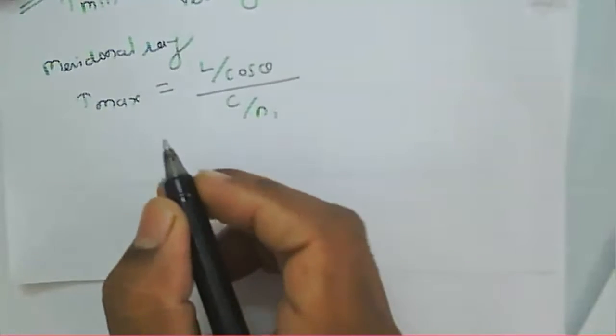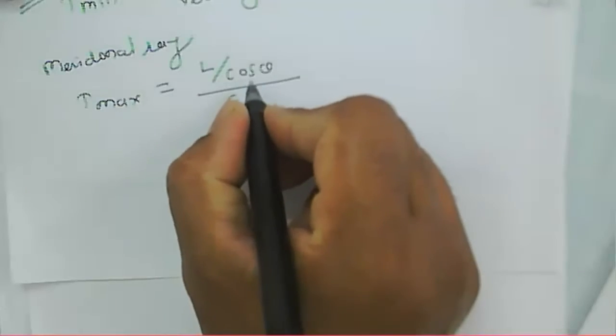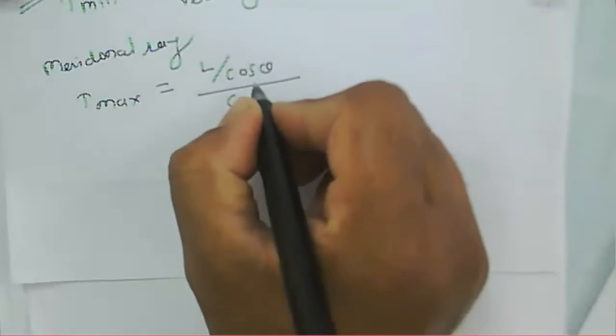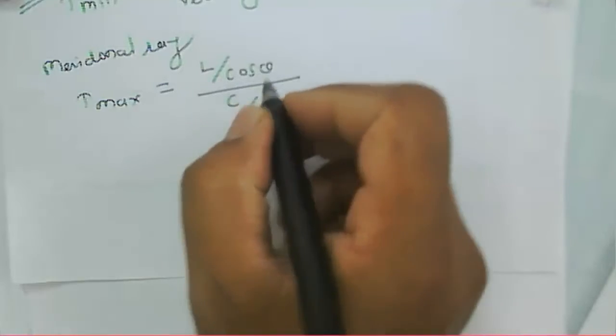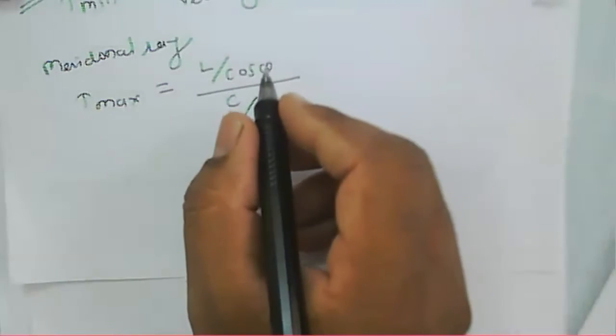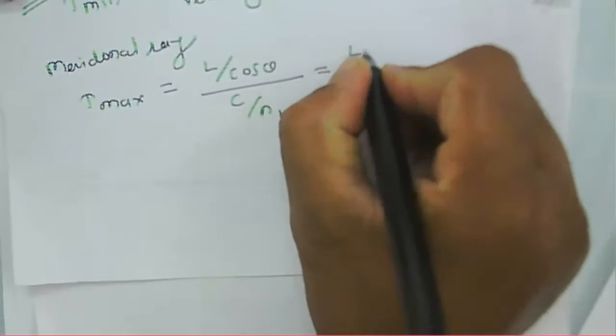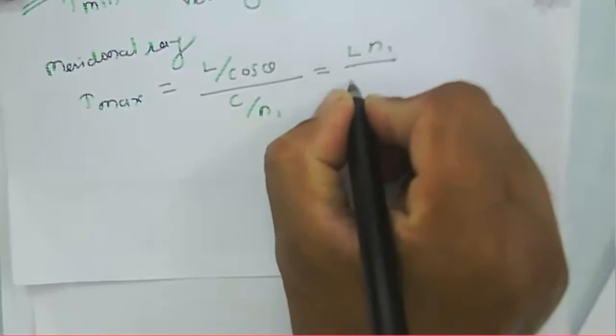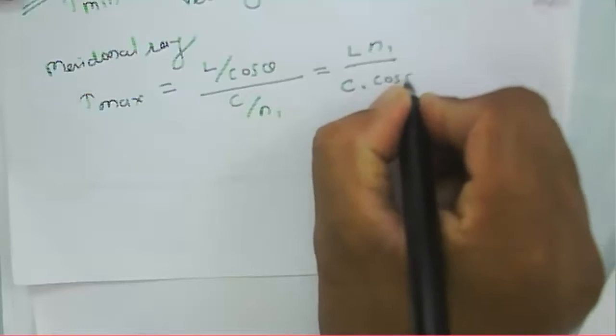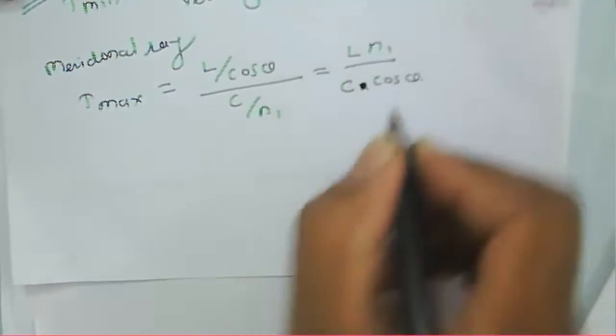Now T max is equal to what? That is the maximum time taken by the meridional ray to travel the length L. If you simplify it, that becomes L n1 by C cos of theta.